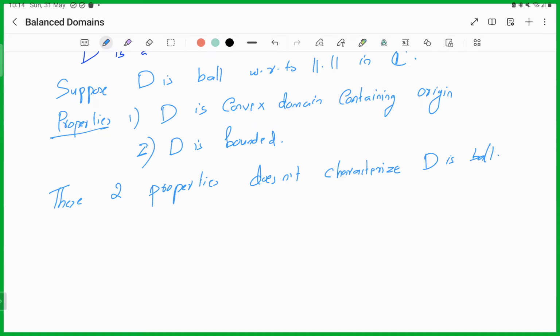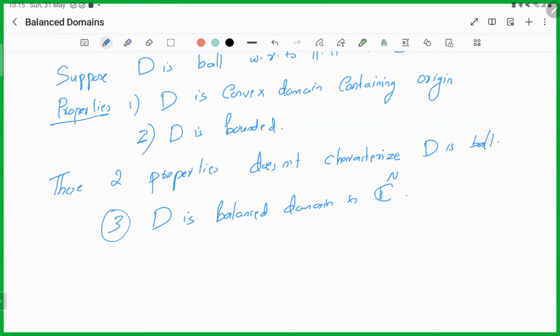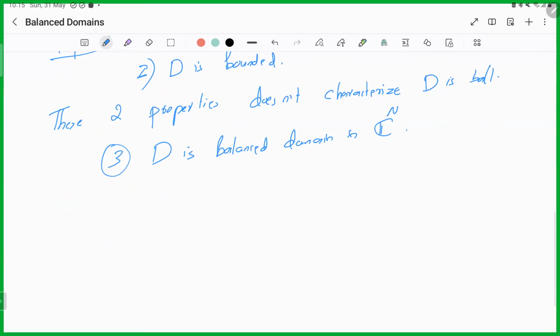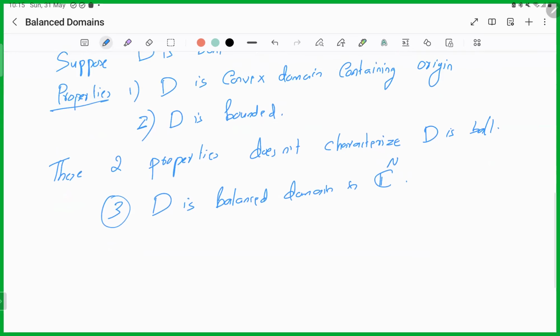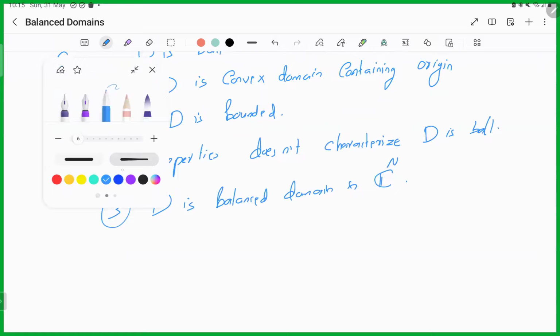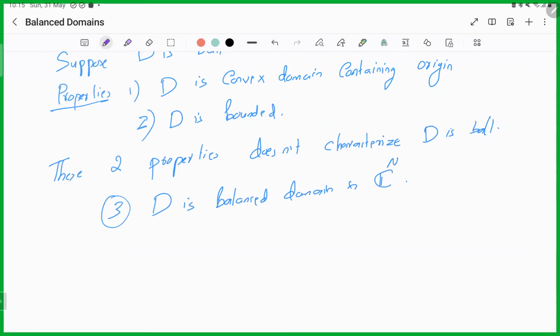Then the main property is balancedness. That is our topic for today's class. D is balanced. I will give the definition within a few minutes. D is a balanced domain. It is some type of symmetry for a domain. I will prove later that if D satisfies these three properties, then D is a ball with respect to some norm.